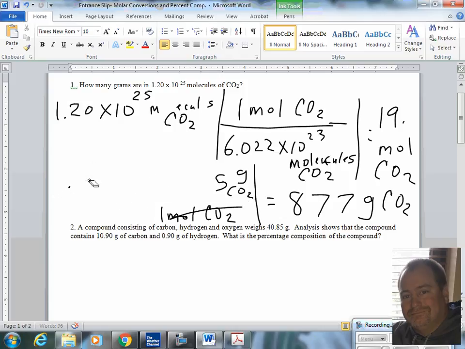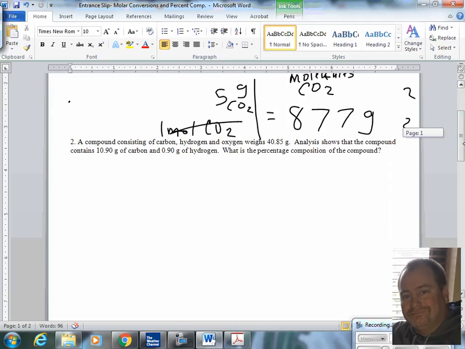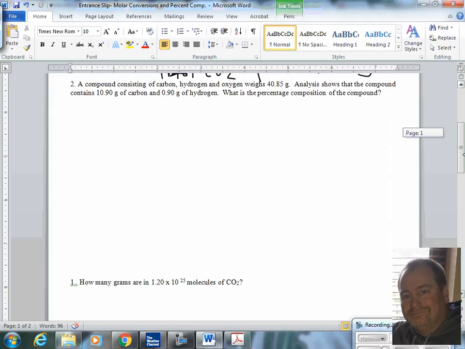All right. So the second part of my problem is a percent composition problem. It says a compound consisting of carbon, hydrogen, and oxygen weighs 40.85.